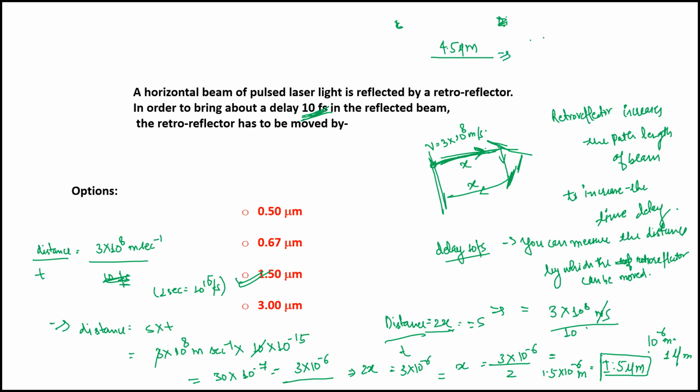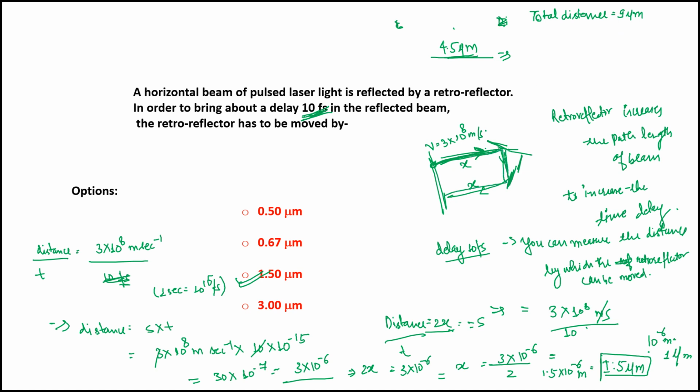If it is moved by 4.5 micrometer, then this is x, and this is 2x. So the total distance would be 9 micrometer, right? Because the retroreflector has now moved by 4.5 micrometer, so the total distance that light will travel is double of it.